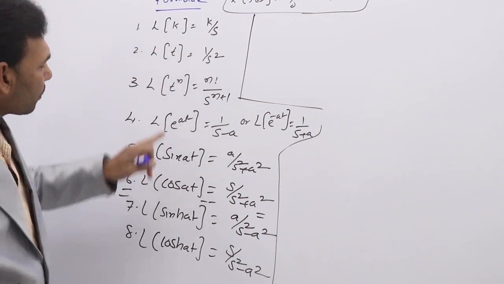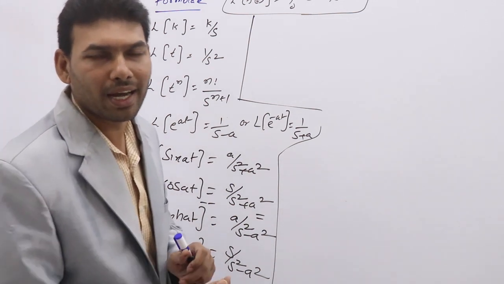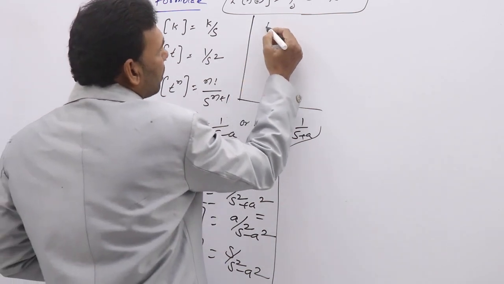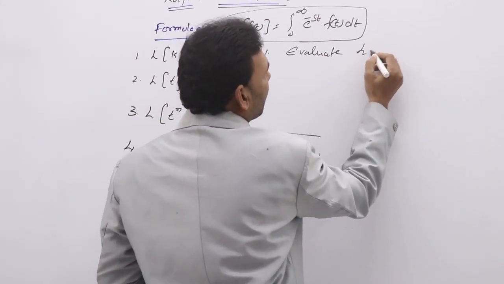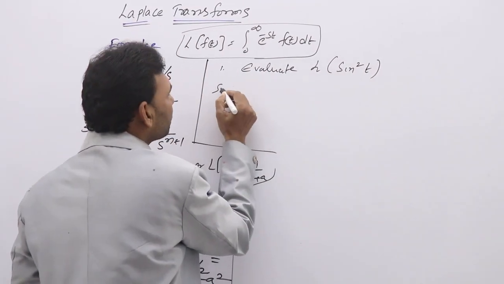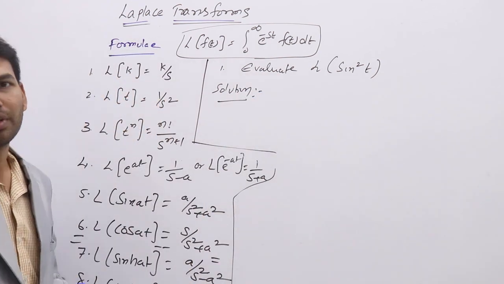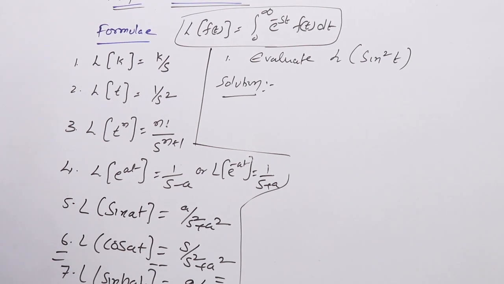Now, how to use these Laplace formulas to find the Laplace of a particular function. For example, you want to evaluate L of sin square t. Here you don't have a Laplace formula for sin square t.